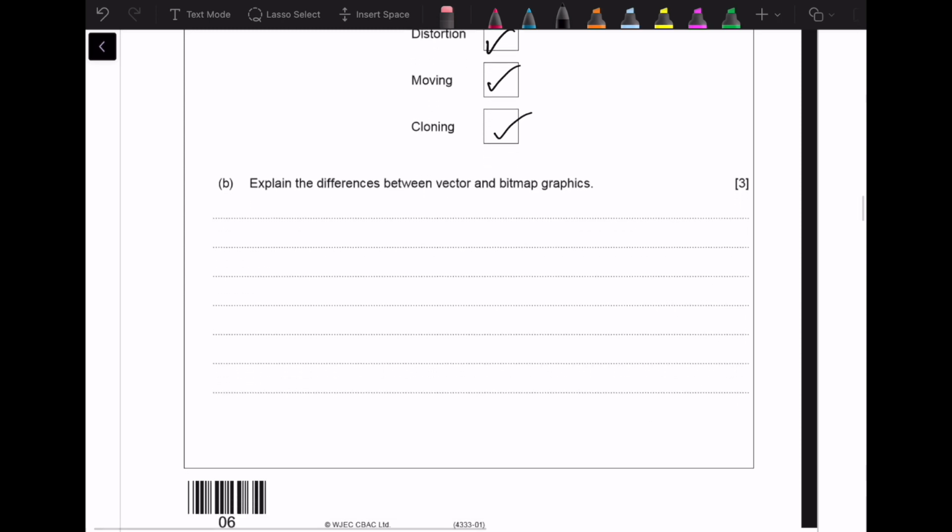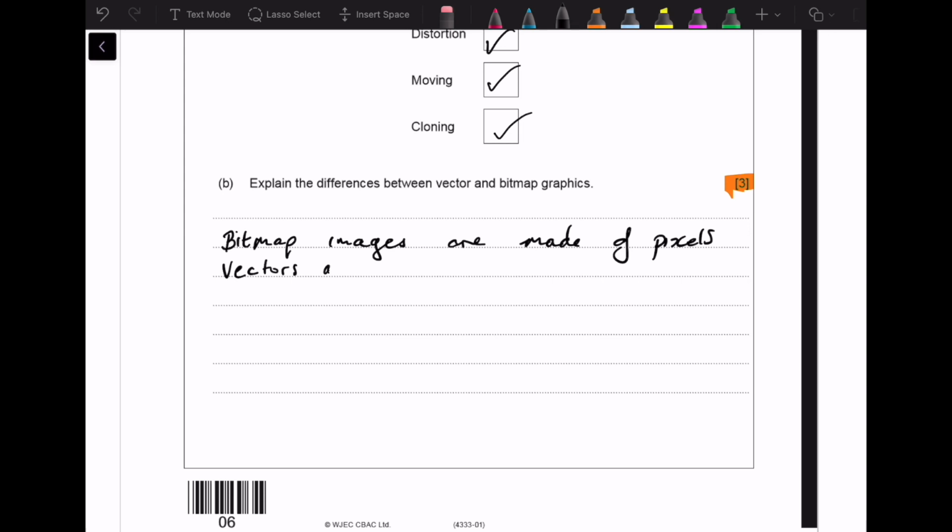Explain the differences between vector and bitmap. 3 marks for this one. Bitmap images are made of pixels. Vectors are made from lines and shapes.